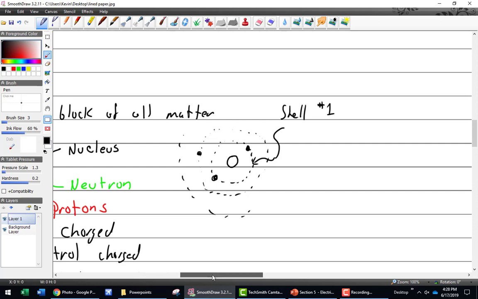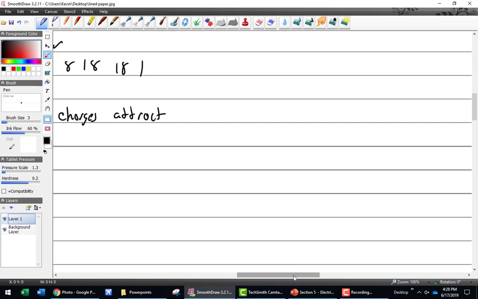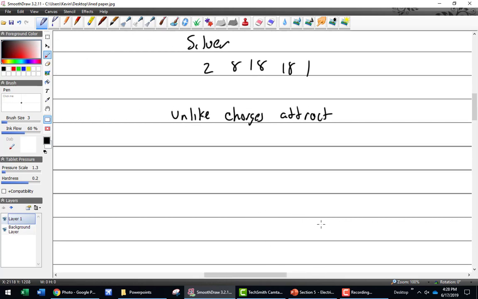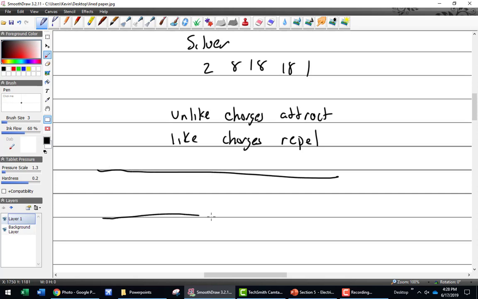It's pretty complex. So let's just take a look at what if we did this. Unlike charges attract and like charges repel. So through the magic of my drawing here, I've enlarged a piece of copper a million times, and what I've got here is a bunch of atoms.